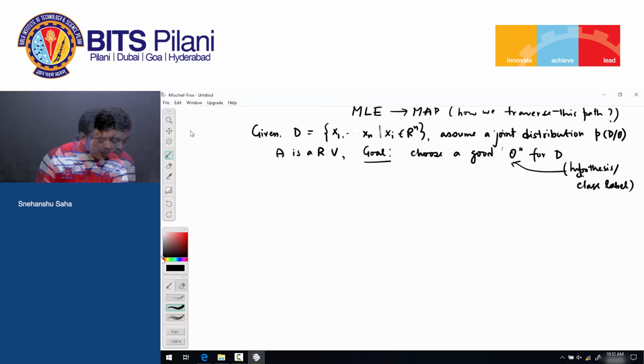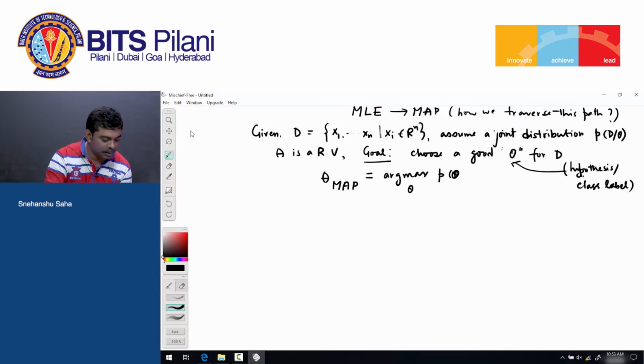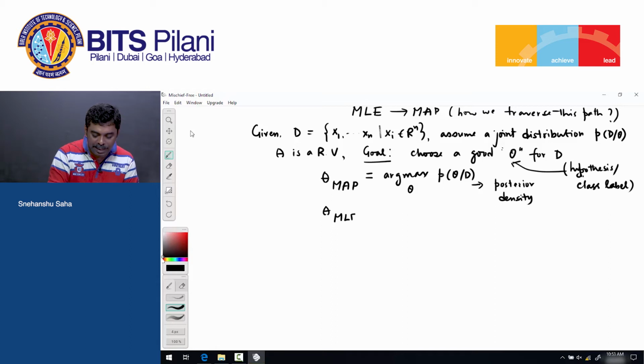So even with this problem statement, you have two types of estimation that you can do on your parameter. One is maximum a posteriori estimation, which is nothing but taking the maximum of the likelihood times the prior. If you think about it from a Bayesian point of view, this is the posterior density. And then there is the MLE on theta. Please notice the difference.